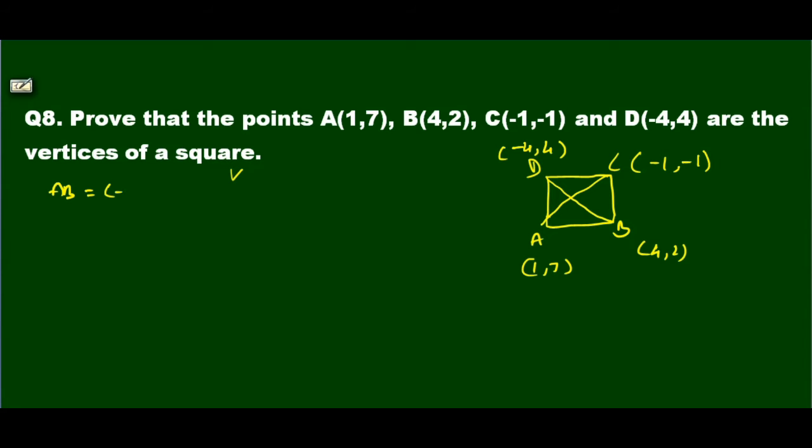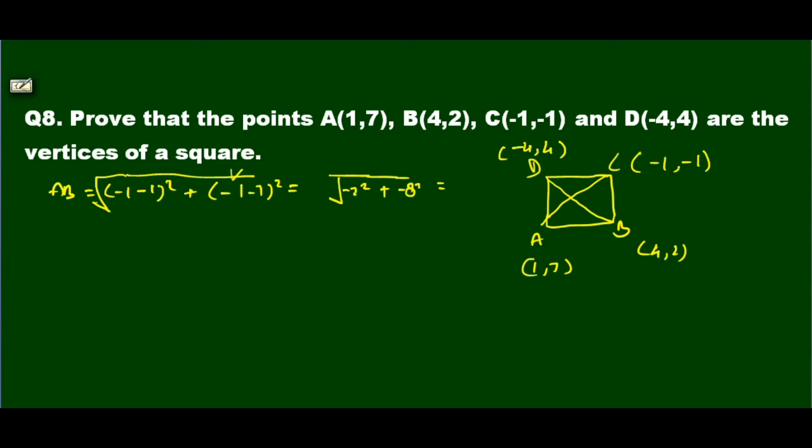So AC equals the square root of (x2 minus x1) square plus (y2 minus y1) square, that is, (-1 minus 1) square plus (-1 minus 7) square, clear. So this will become (-2) square plus (-8) square.